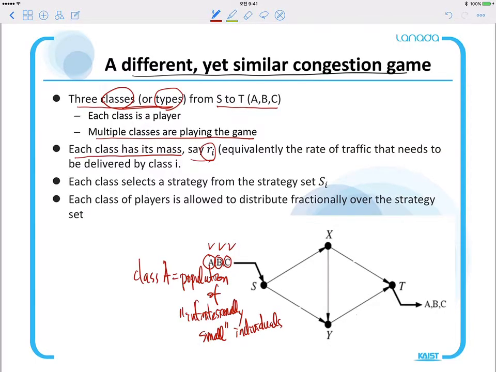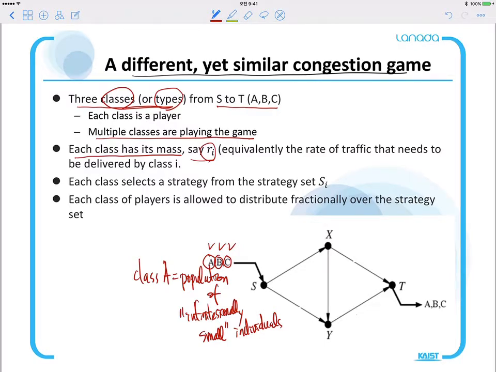Okay. So here in this case, you can regard this mass as the rate of the traffic that needs to be delivered by the class I. If you think this is a road, then class A is probably the collection of the cars from the Samsung company, and B is a class of the cars from the Hyundai company, and things like that.